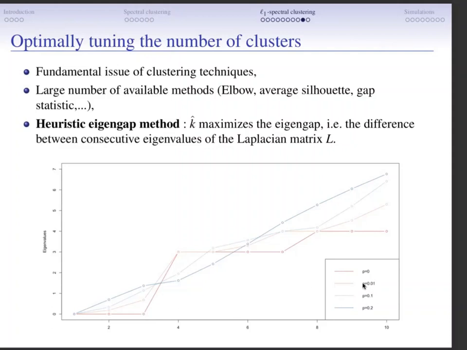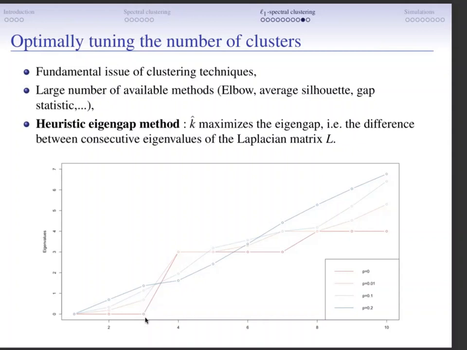And when the graph is perturbed with a perturbation of 0.01, the orange line here, you can still see that the eigenvalues are not so far from 0, and you still see an eigengap here. So you can say, okay, the optimal number of connected components will be 3.